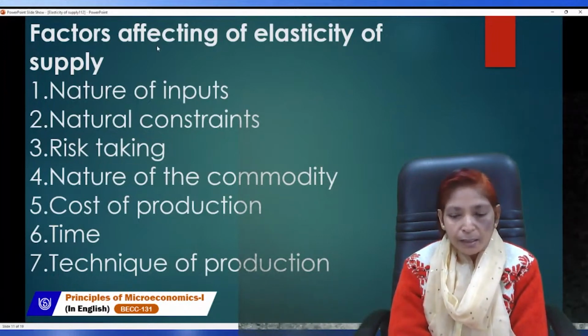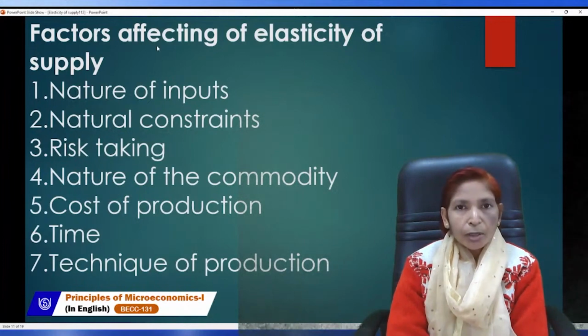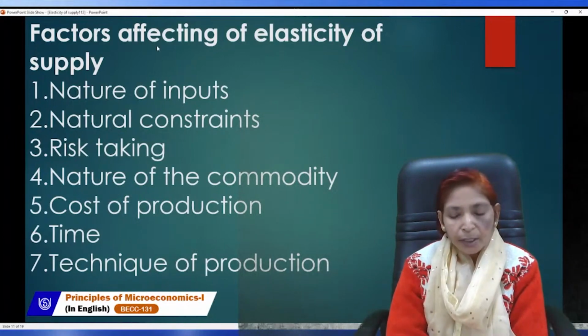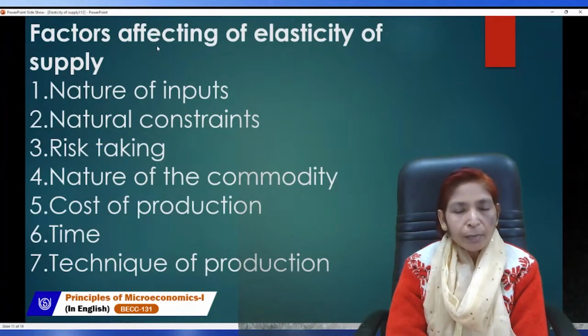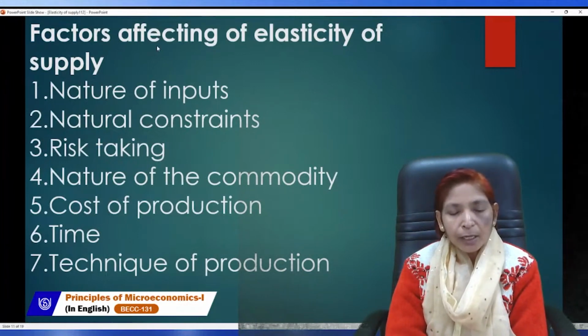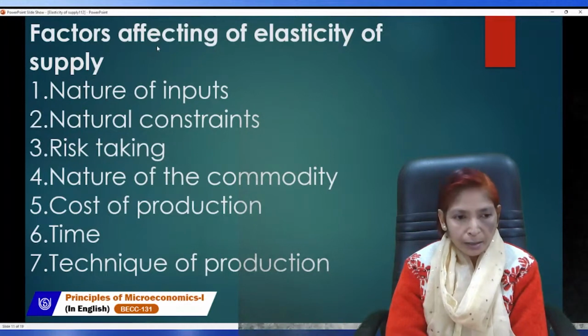One is very short period. As is clear from its name, in a very short period you can't change any type of factors of production and you have no time to change the supply of the commodity. When you can't change the supply of the commodity, then supply will be called inelastic.